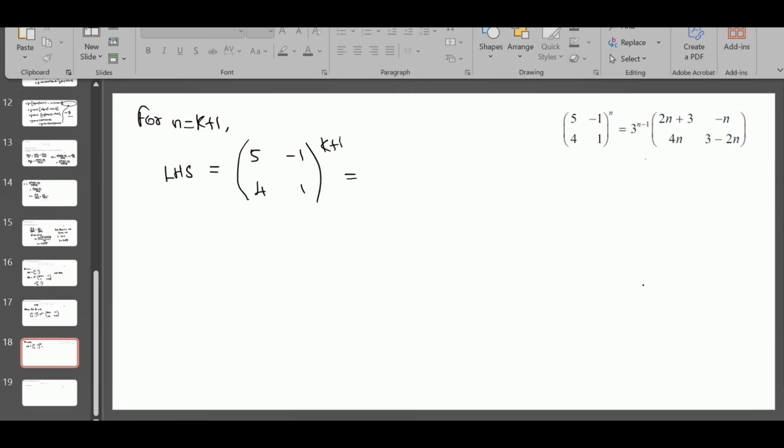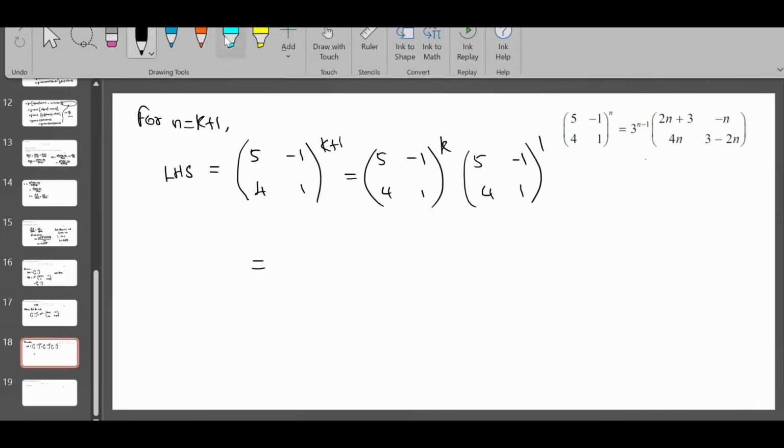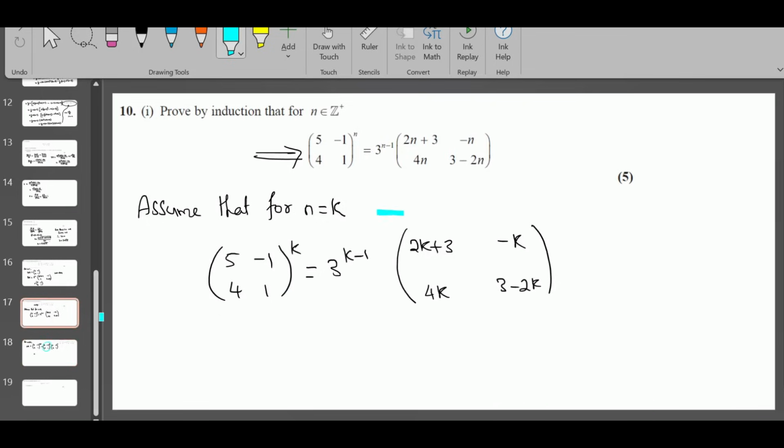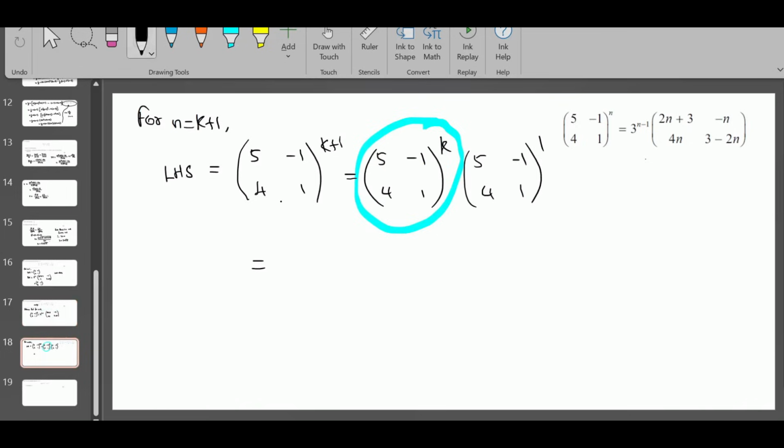Split it into 2: 5, minus 1, 4, 1 power k, times 5, minus 1, 4, 1 power 1. In the previous part, we have assumed that this is equal to this, right? So make use of this result here. So this can be written as 3 power k minus 1, 2k plus 3, minus k, 4k, 3 minus 2k. That's the result for this. And then the next one, write it as it is.